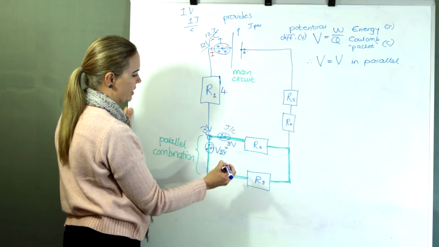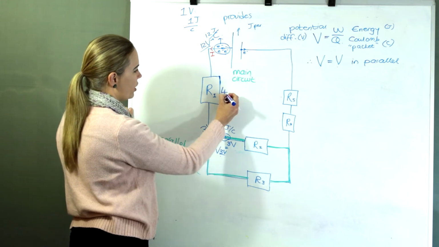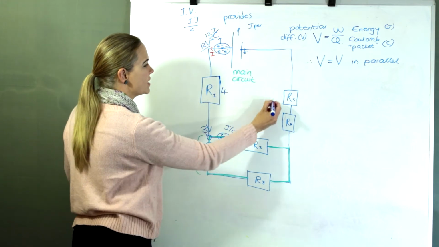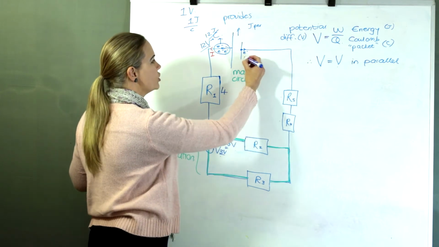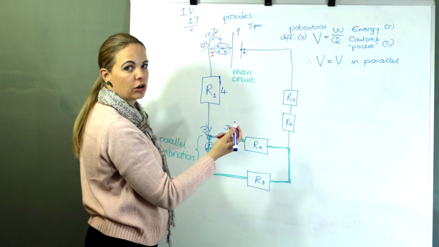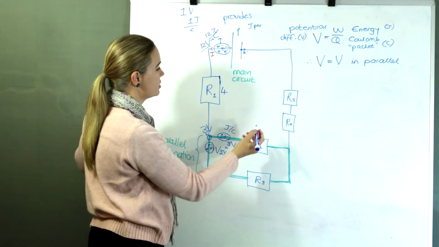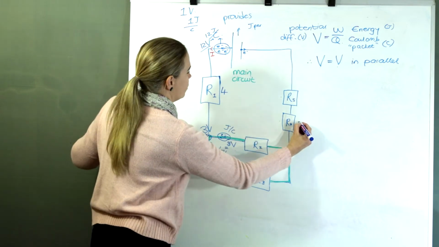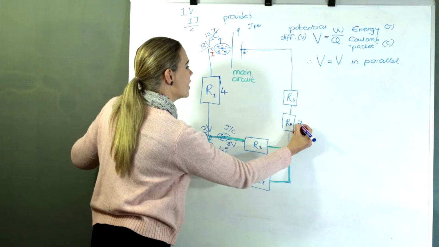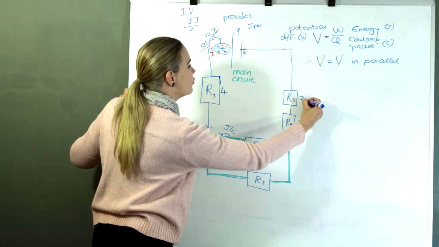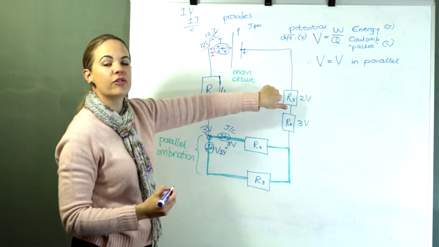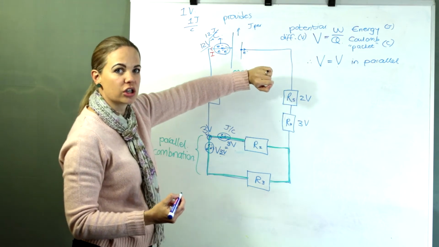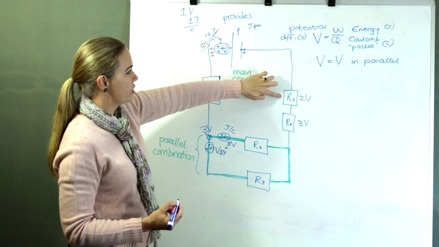The lower branch gets 3 volts. 4 and 3 is 7, so there's 5 volts left for those resistors, if we don't take into account the internal potential difference that the battery uses. So if that one uses 3 volts, then there's 2 volts of energy left, 2 joules left for every Coulomb packet of charge that moves through that resistor.